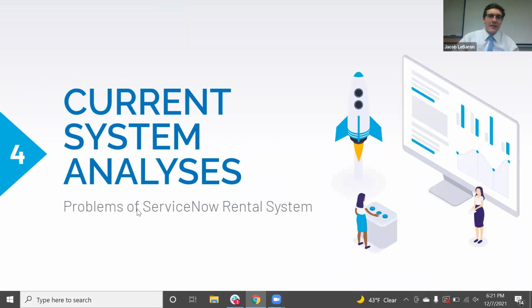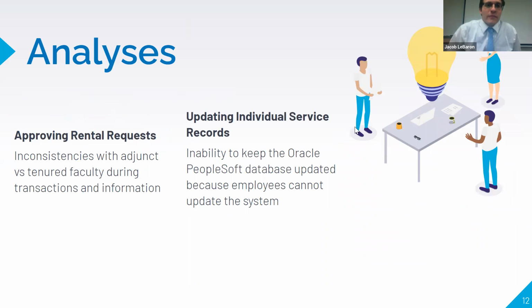All right, now we'll talk a little bit about the current system and some of the things that could use a little bit of fixing. So currently right now, all employees that are renting out equipment are able to bypass an eligibility restriction that students or faculty may face when renting out supplies.